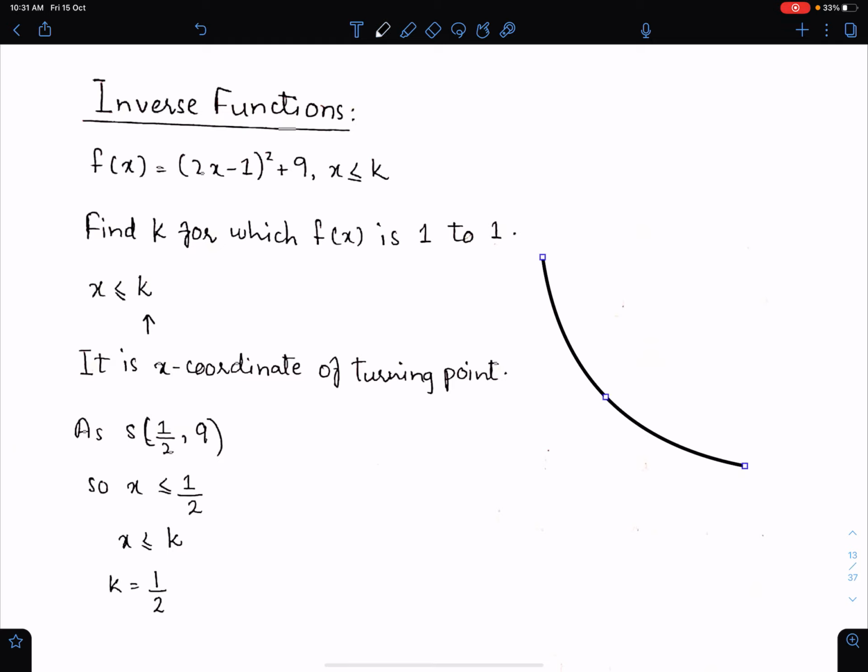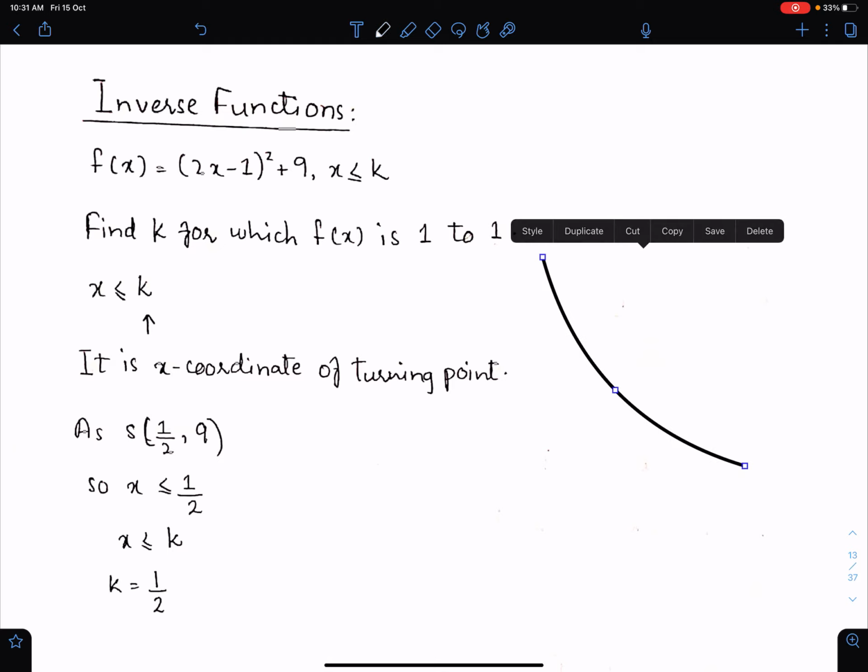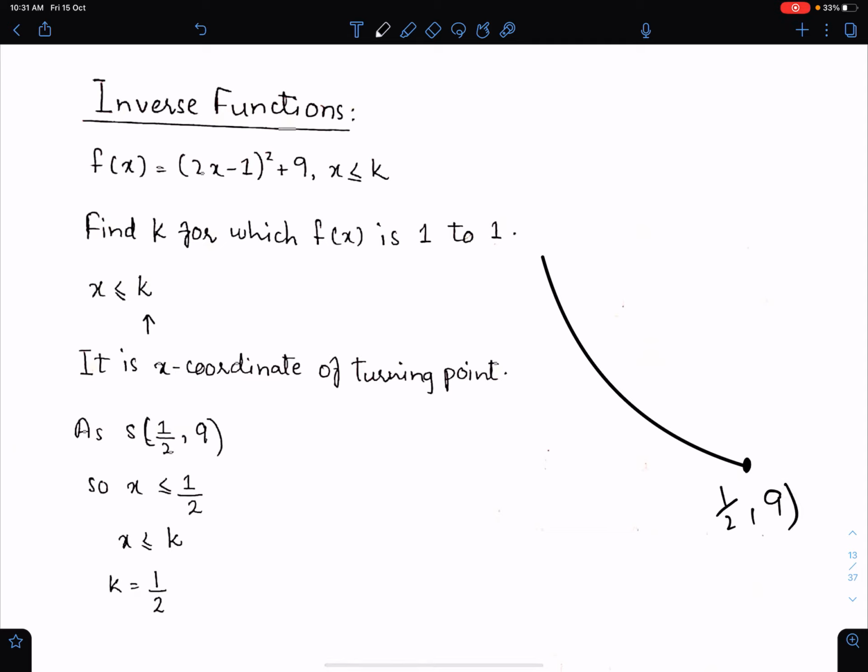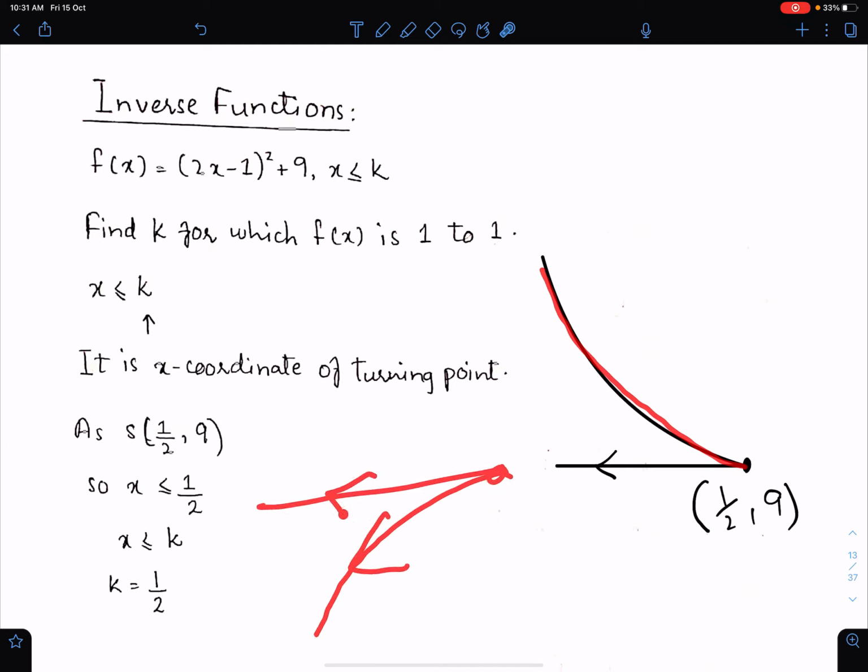And this is the rough sketch of this function. And see, x is decreasing. Since x is decreasing, so while finding the expression for f inverse, take negative sign. Whenever we have left side of the turning point, then x is always decreasing.